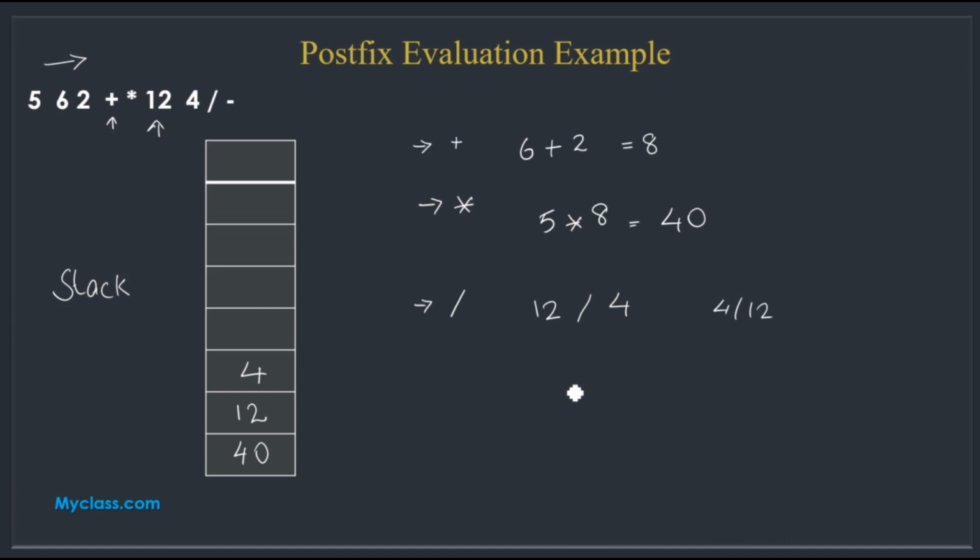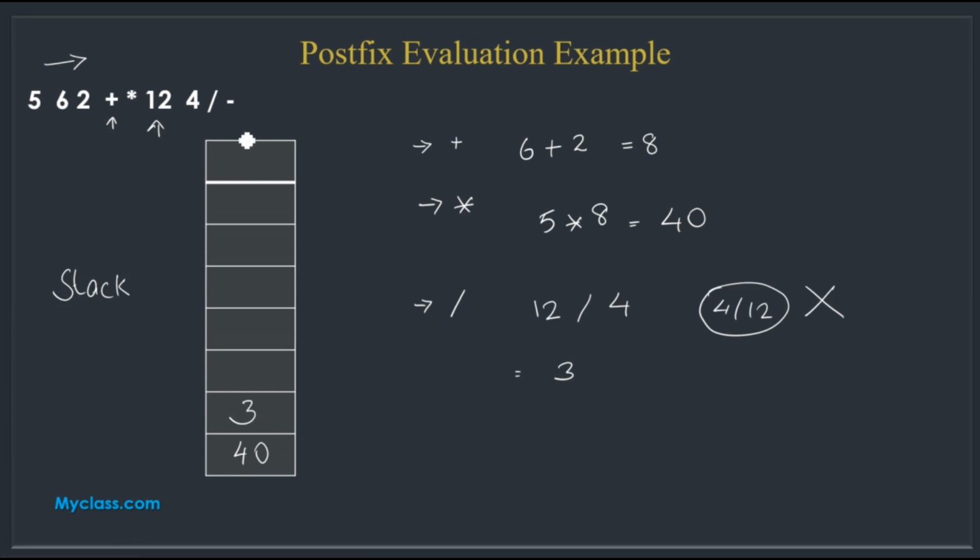We are popping the topmost element first, and now on the right we are popping another, and we want to do the operation in this style, not that style. You want to remember that, otherwise you will get the wrong result. So not 4 divided by 12, that is 12 divided by 4. In this case also this is applicable. So 12 divided by 4 is 3. So we have already popped the 4 and 12 and we want to insert 3 into our stack.